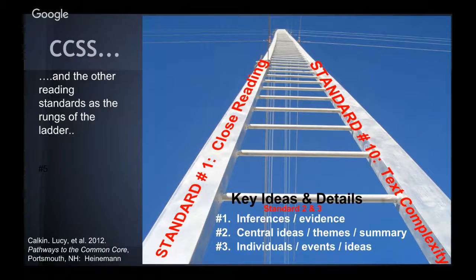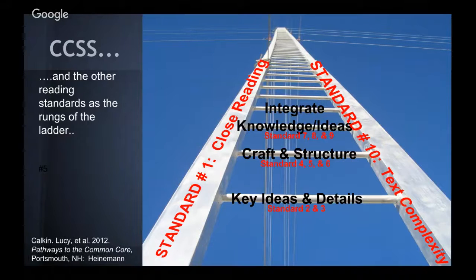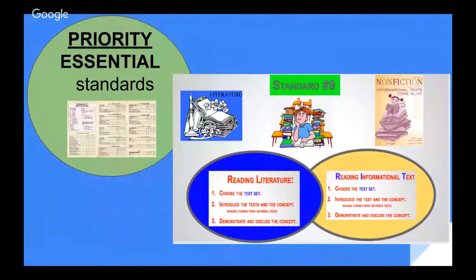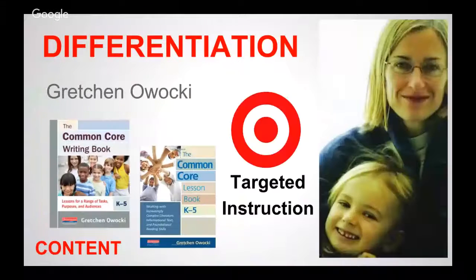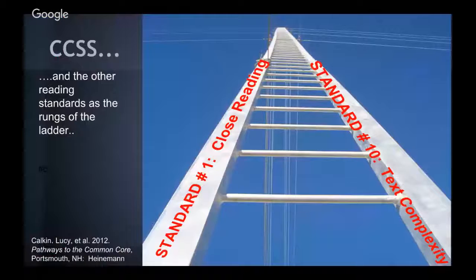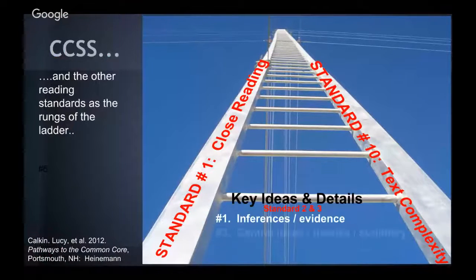But if we do that with Standard 9, which is way up there in integrating, basically what we're working on is comparison, contrast and comparing of texts, of authors. So what we asked students to do in one text under key ideas and details, we now are asking them to do between texts up at the integrating part.